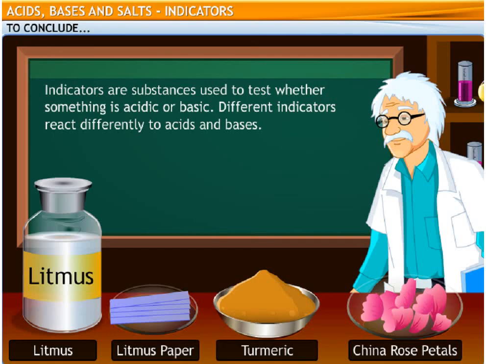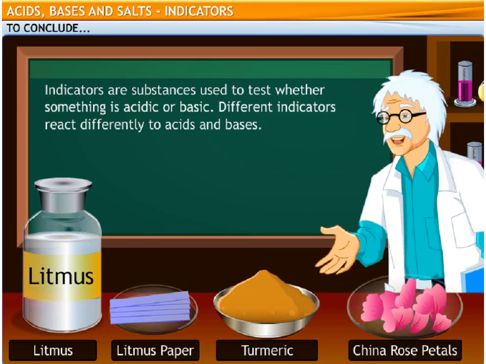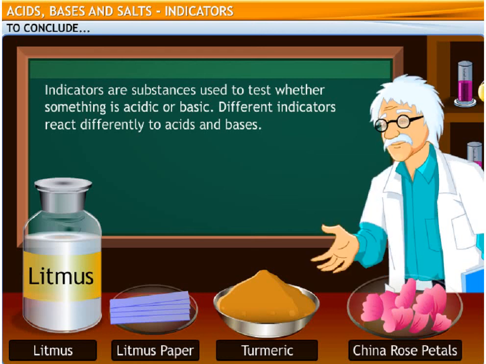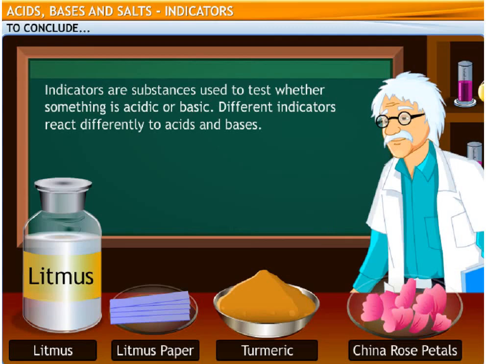Indicators are substances used to test whether something is acidic or basic. Different indicators react differently to acids and bases. Indicators change their color depending on whether they are added to an acidic or basic substance. Some natural indicators are litmus, turmeric, and China Rose.